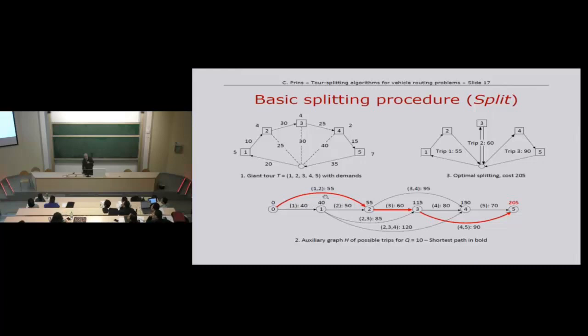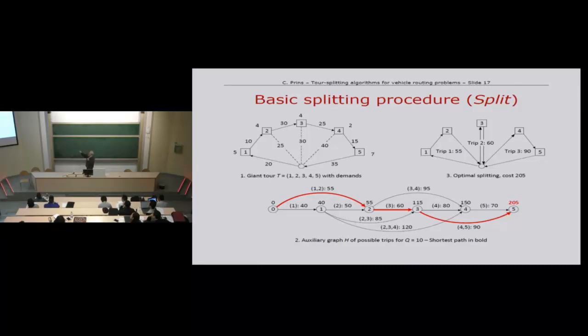It means the optimal splitting: you build one trip with customers 1 and 2, then one trip with customer 3, and one trip with customers 4 and 5. So it corresponds to this solution, and you can check, even on the original graph, that the total cost is really 205. So the splitting is optimal, but of course you don't solve the CVRP optimally.